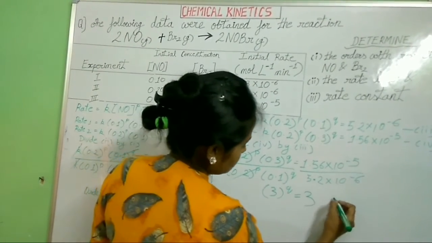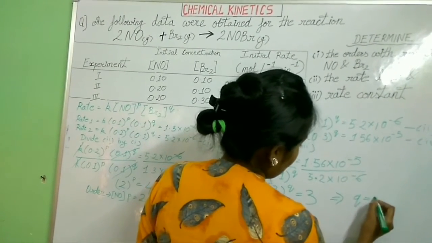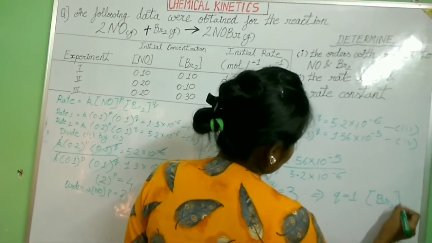So Q is 1, and order with respect to Br2 is also 1.